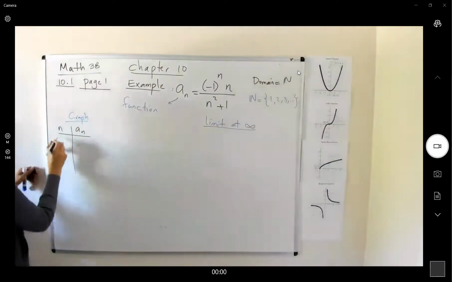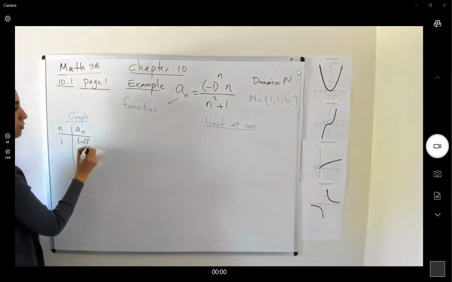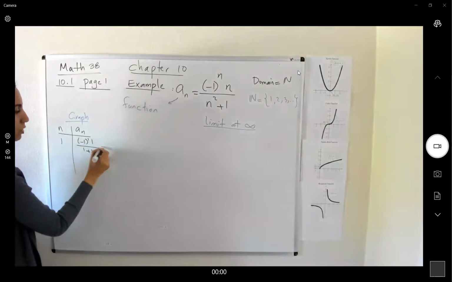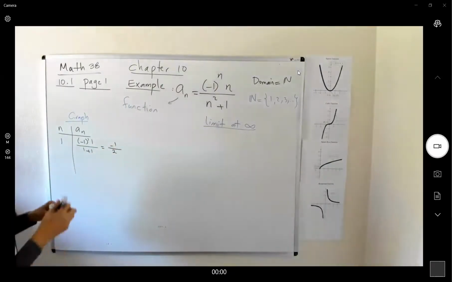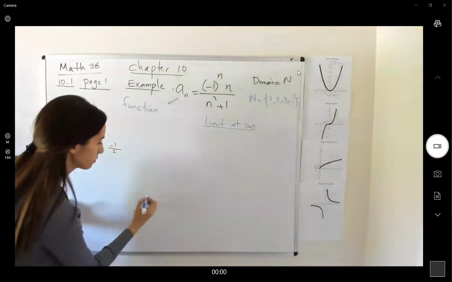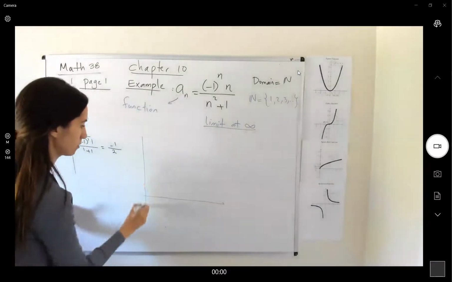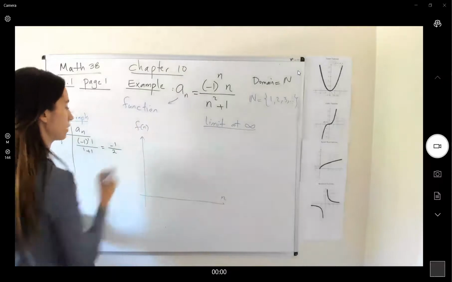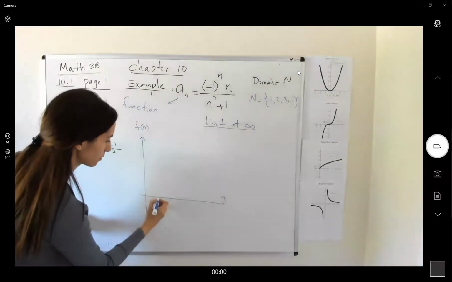If n is equal to 1, you get -1 raised to 1 times 1 divided by 1 plus 1, we get -1 over 2. Negative. Let's take a look at the graph. f of 1 is minus a half.